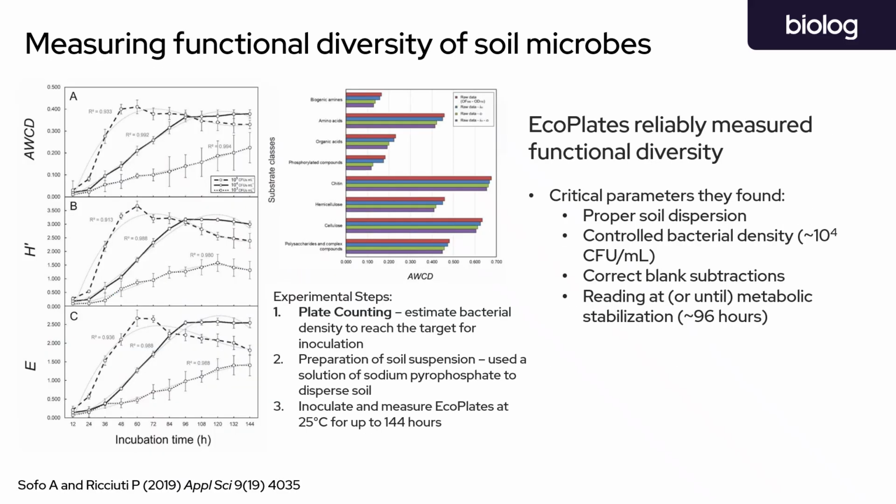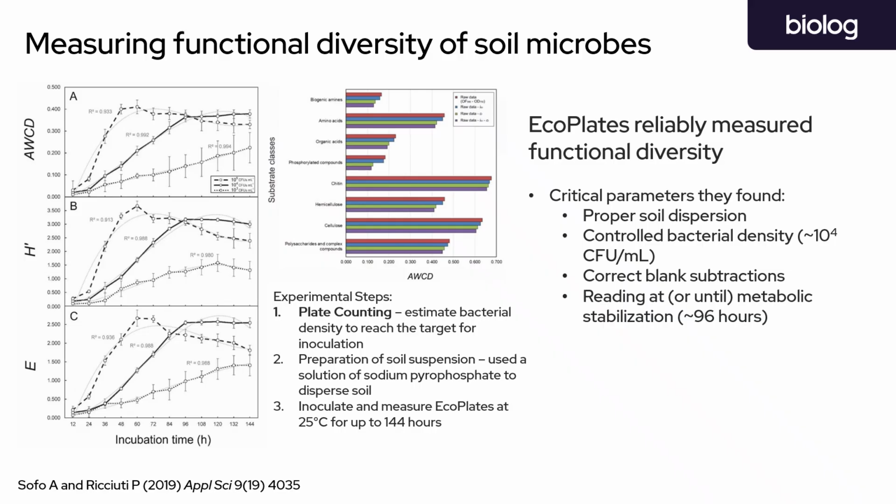And so in the study, like I said, they used CFUs or plate counts to estimate bacterial density, and they documented how that is done. They prepared soil suspensions using this buffer that seems to be working great for soils. And then they inoculated EcoPlates using this standardized method so that you can get results across different conditions, different soils.